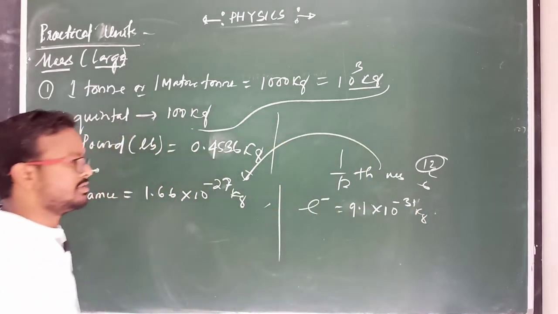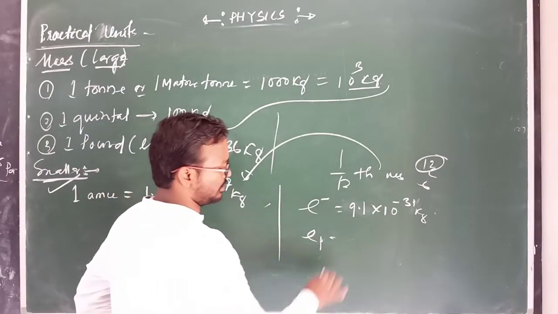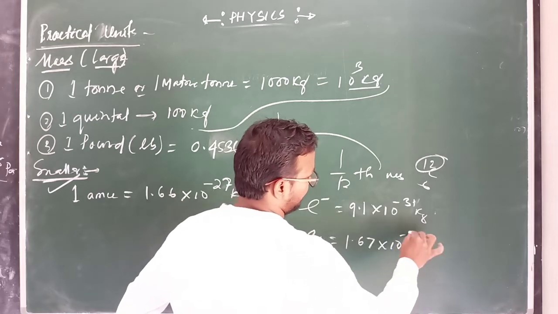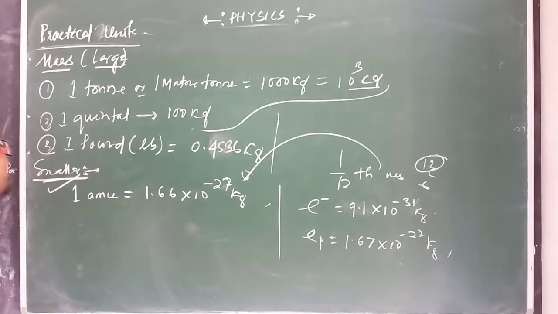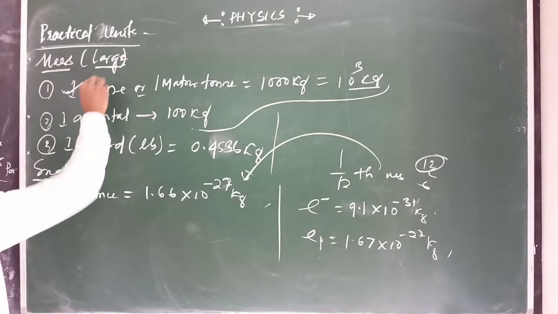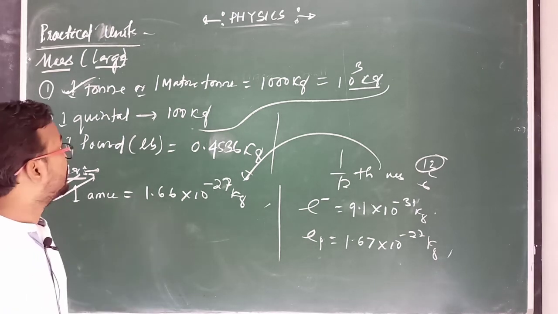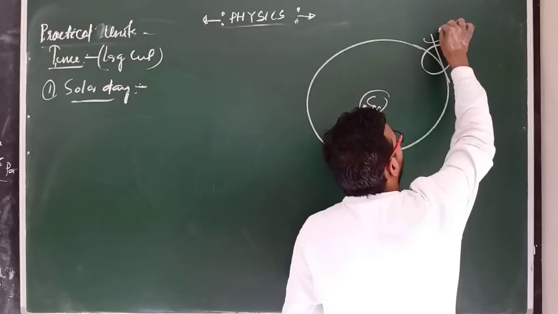Similarly, the mass of proton is equal to 1.67 into 10 to the power minus 27 kilogram. Clear? So these are the larger units of mass, and these are the smaller units of mass. In this way you can measure the value of a physical quantity by using this concept.